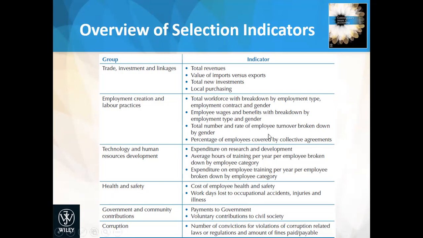One last area would be corruption: the number of convictions for violations of corruption-related laws or regulations, and the amount of fines paid or payable. This is also an important area, since there are a lot of workers and managers who are convicted of corruption in business.